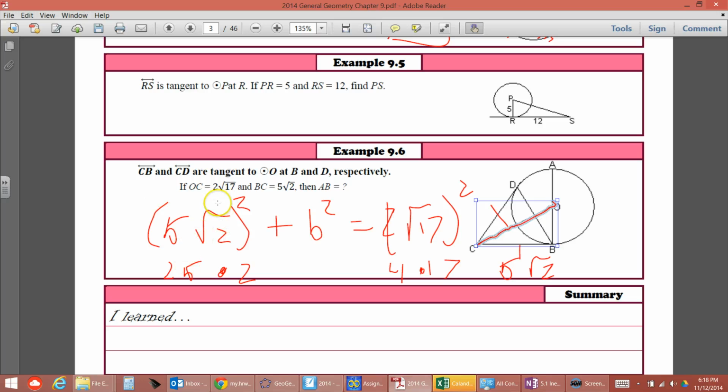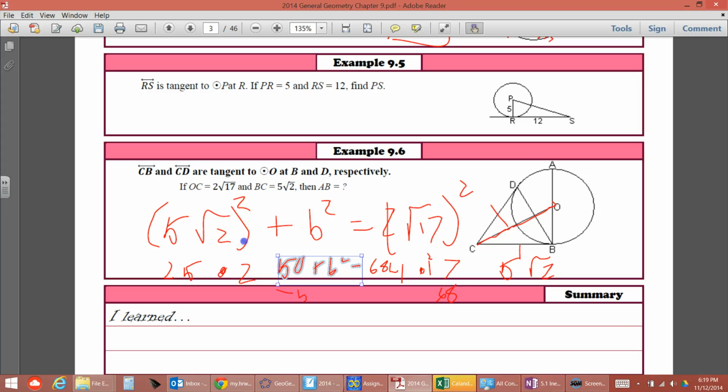That gets me 50 plus b squared is equal to, what's 4 times 17? 4 times 7 is 28, carry the 2, 68. Give me a sec. Yeah, 68.